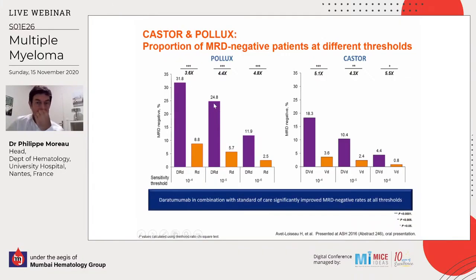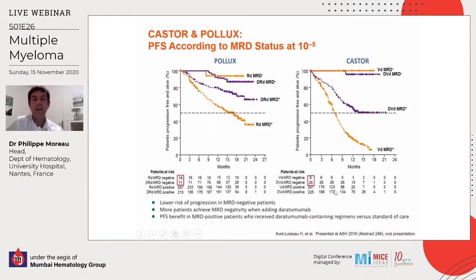And for example, at the threshold of 10 to the minus 5, that is the official one, we have 25% of patients reaching MRD negativity at 10 to the minus 5 with DRD, and we have 10% of the patients reaching MRD negativity 10 to the minus 5 with VD-DARA.